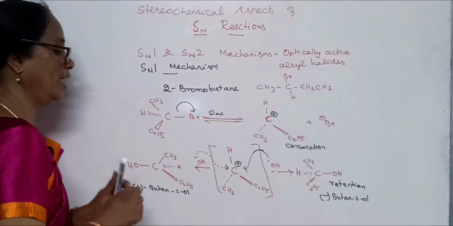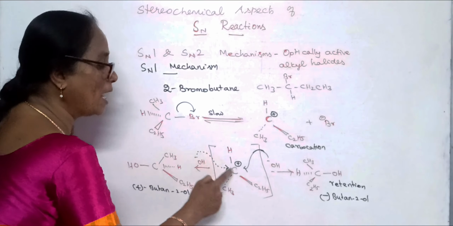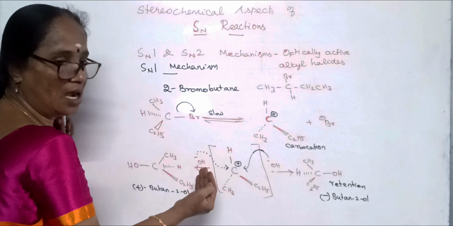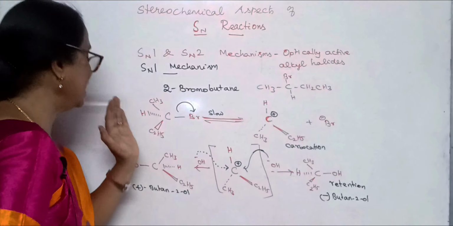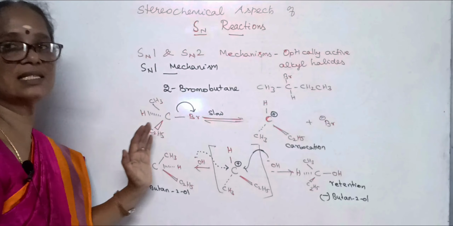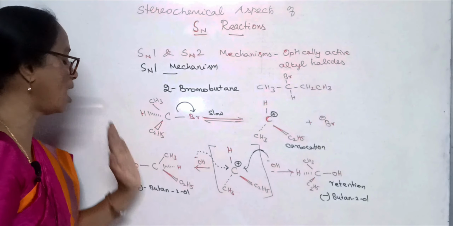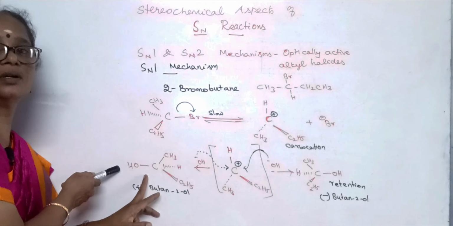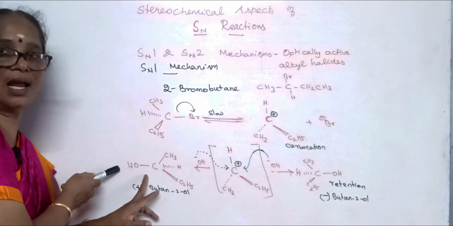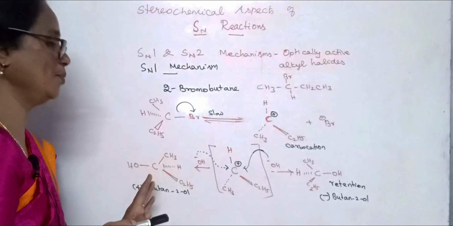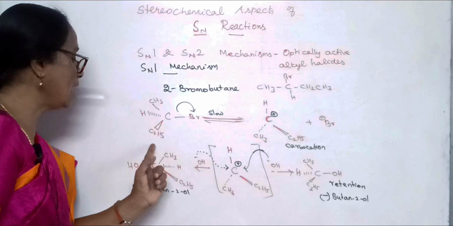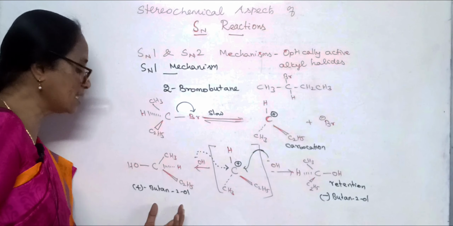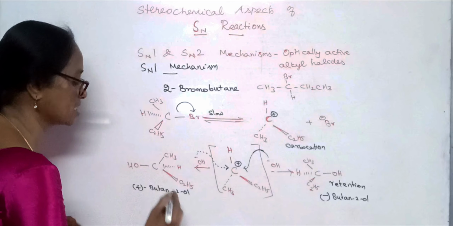And the other way, if the OH group attacks the carbon opposite to the halide ion, what will happen? The entire arrangement of groups around the carbon is altered, and the OH goes to the side opposite to the halide ion. In this we find the spatial arrangement of groups totally inverted. So this gives rise to the inversion.